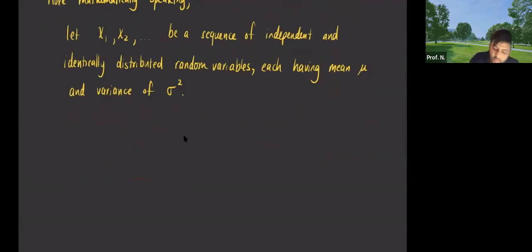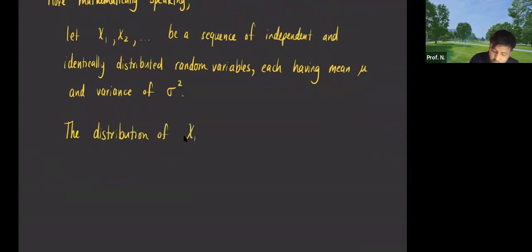Then the distribution of x1 plus dot dot dot plus xn, minus n times mu, over sigma times the square root of n, tends to the normal distribution.